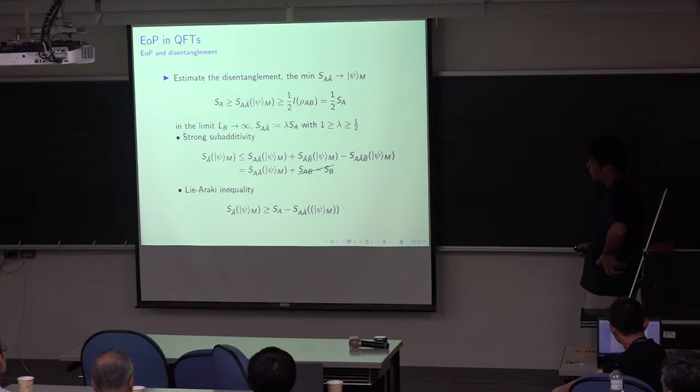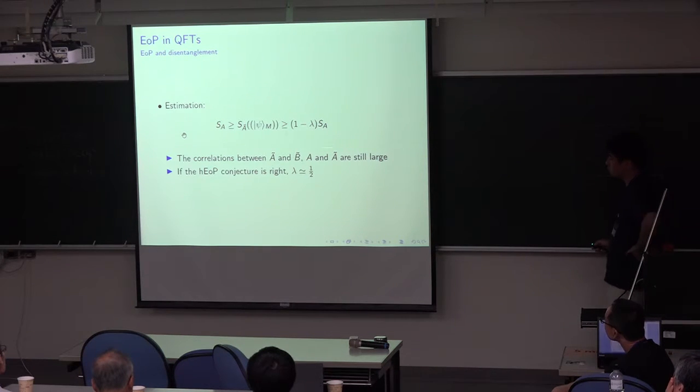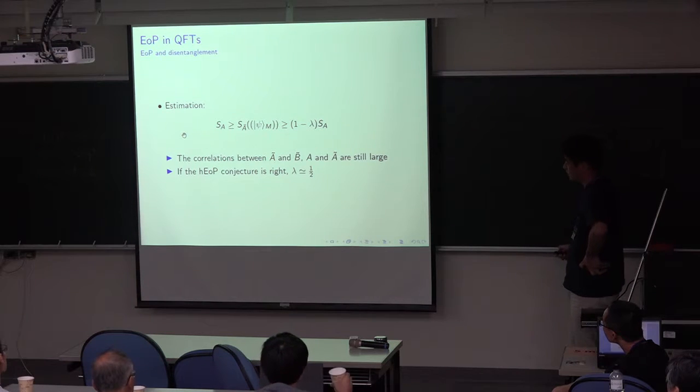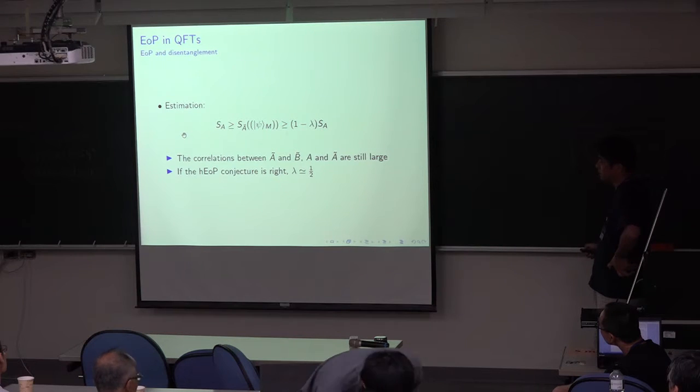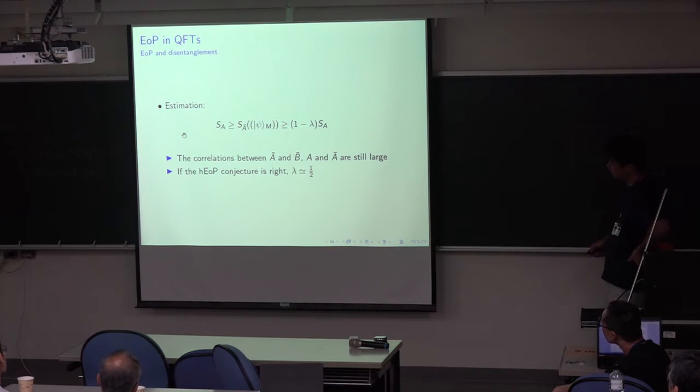We can roughly estimate that the disentanglement should be in these regions, and here we can see that near this state, the entanglement between A2 and B2 and between A and B2 is still very large. If we consider the holographic conjecture, lambda should be 1/2, but the holographic conjecture cannot be proved. But the conclusion is that the correlation between A2 and B2 and between A and B2 is still very large.